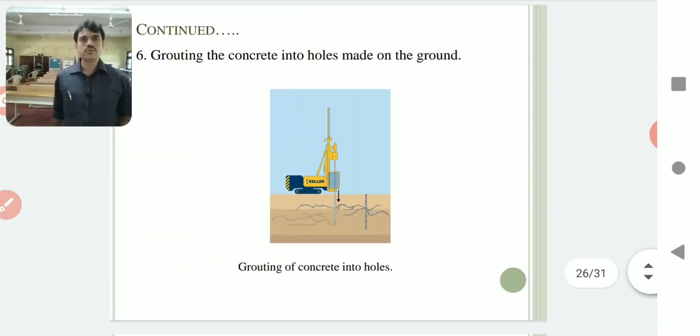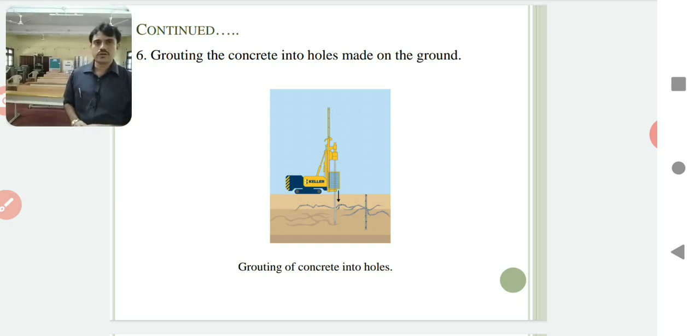And the sixth one is grouting the concrete into holes made on the ground. In the compaction method also I explained that we drive piles using steel piles, then we remove them and the hole is filled using sand, which we call sand piles. Instead of that we will grout, that is, take a material.